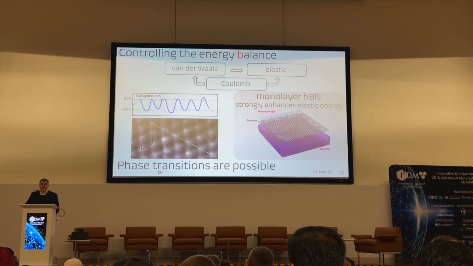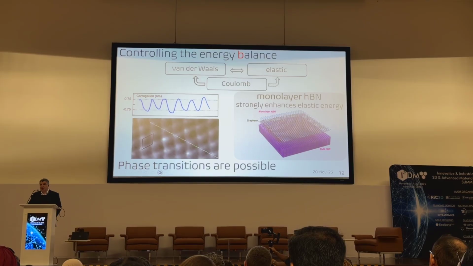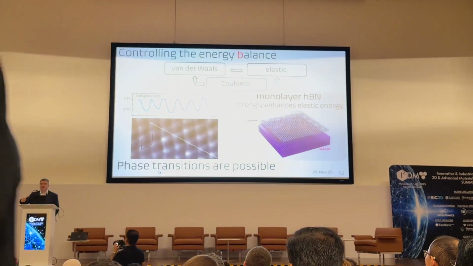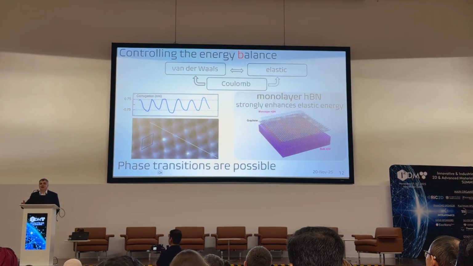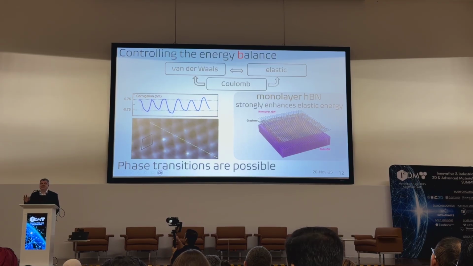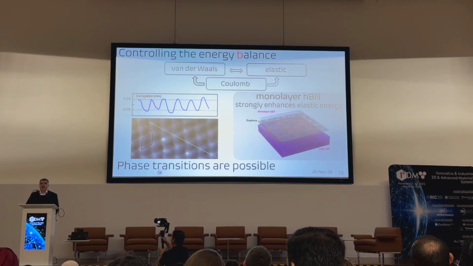So here is the moiré pattern from monolayer graphene on monolayer boron nitride, and if you look at the corrugation, you can see that it is larger than 1 nanometer. Typically for the moiré pattern, you would get less than 100 picometers. So here it's a nanometer. So it's orders of magnitude higher, which enhances many of the phenomena.